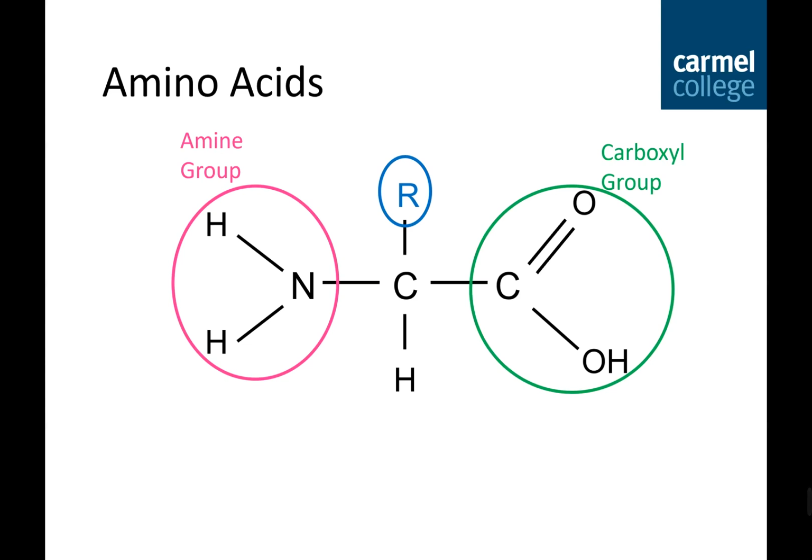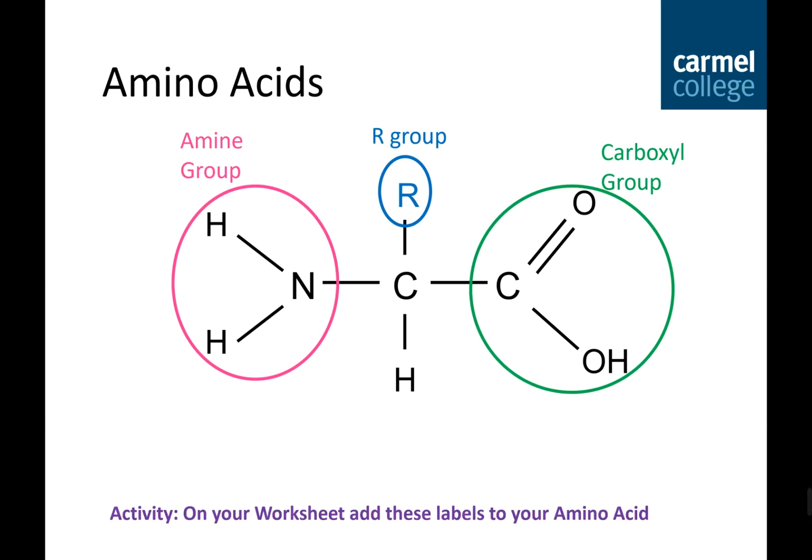And we have the R group of the amino acid. The R group of the amino acid is the bit that varies dependent on which of the 20 amino acids we are drawing. But from memory, you only need to be able to draw this basic general structure.